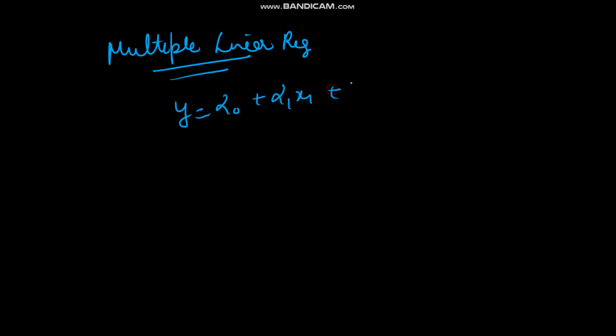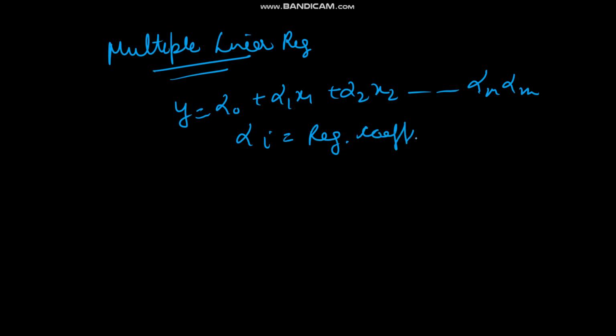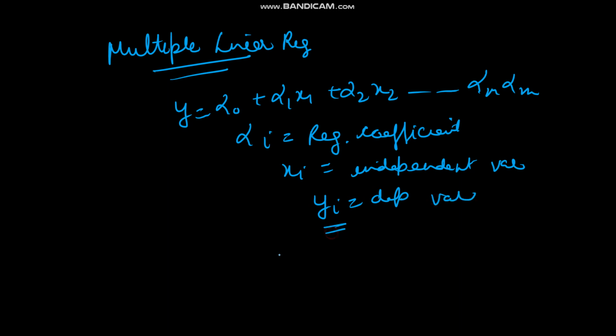In multiple linear regression, the equation looks like this: alpha 1 x1, alpha 2 x2, up to alpha m xm, and so on, where alpha i is the regression coefficient, xi is my independent variable, and y is my dependent variable, or we can say y is the output variable and xi is the input variable.